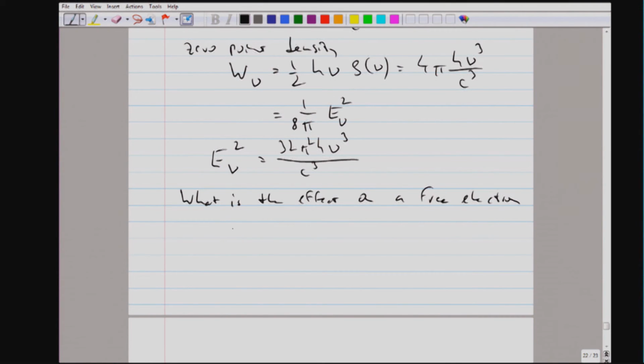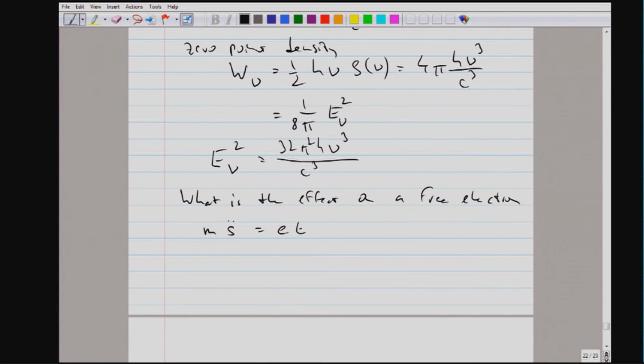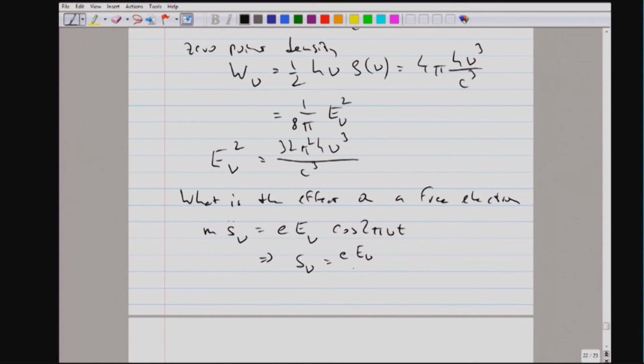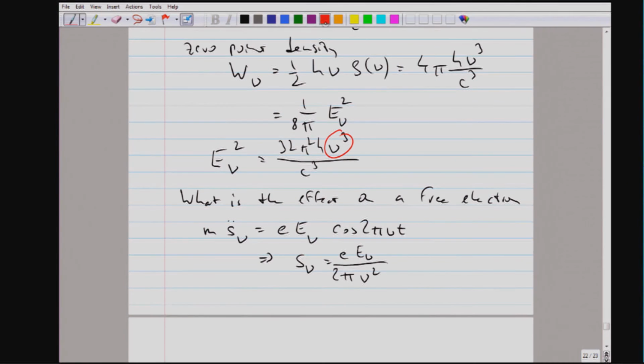So if s is the coordinate of the electron, and you drive it with an oscillating electric field at frequency nu, then the driven amplitude of the electron is proportional to the electric field. Just want to make sure we keep track of the powers of nu. Because we take the second derivative, the acceleration, we get 2 powers of nu, so we have an extra nu squared term.